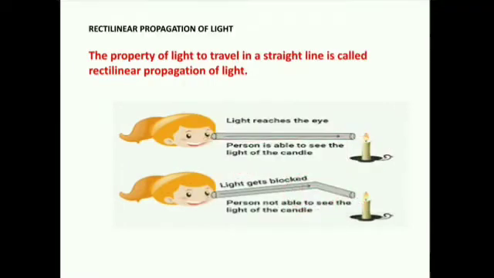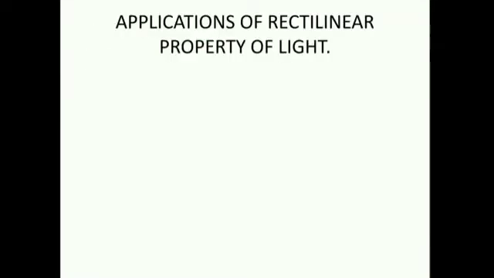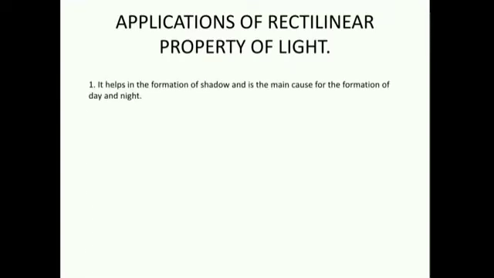All right, next we have applications of rectilinear propagation of light. What are the applications of rectilinear propagation of light? Number 1, it helps in the formation of shadow and is the main cause for the formation of day and night. Now we will understand how rectilinear propagation of light helps in the formation of shadow.